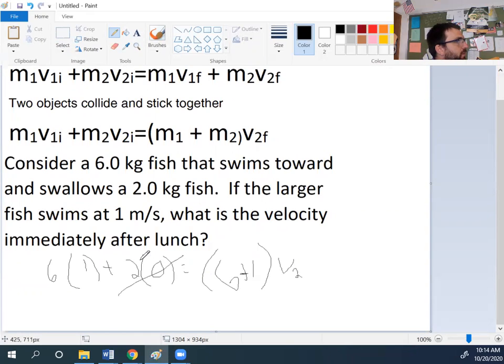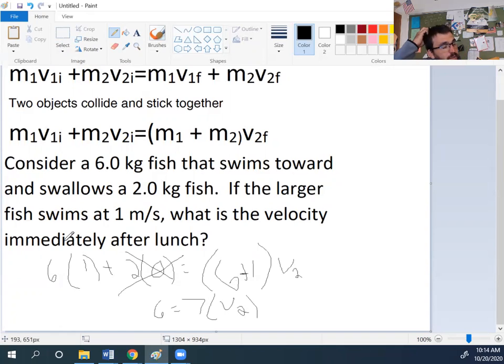I don't need this part of it, do I? Because 2 times 0 is 0. So I'm left with 6 equals 8 times V2. So 6 divided by 8, what would be the final velocity? You need a calculator. So solve this out, divide each side by the total mass. That's an algebra problem.